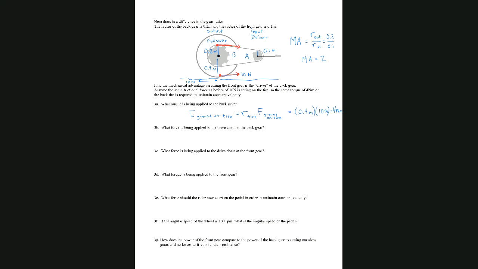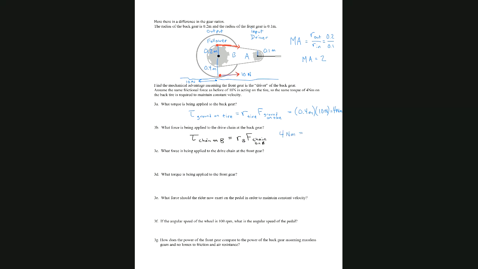So to find that force applied to the drive chain at the back gear, we want the formula torque of the chain on B to be equal to the R of B times the force of the chain on B. Okay, we already know the required torque is 4 Newton meters, so that the torques cancel.